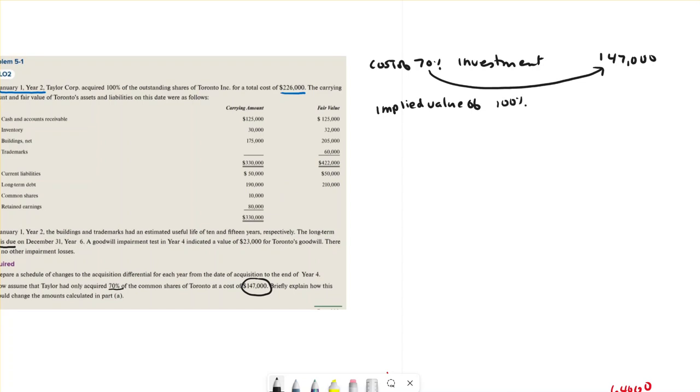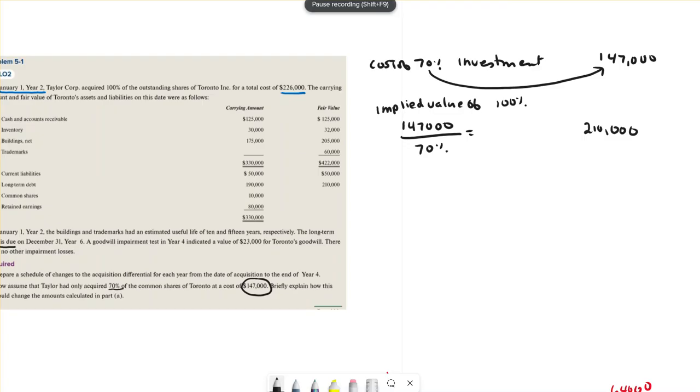So how do we get it? 147,000 divided by 70%, and that will give me the value of 210,000. So that's what happens.